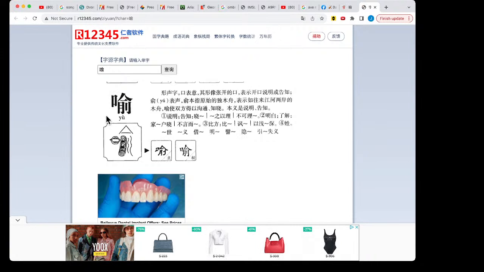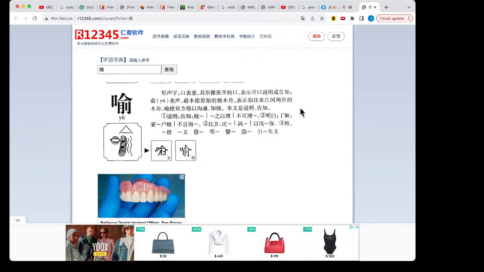Let's take a look at this character. This has a mouth on the left, which means this is an act of speech. On the right hand side is the character 俞. 俞 in ancient times means canoe. The canoe is used for crossing a river, for communication, for commute, right?